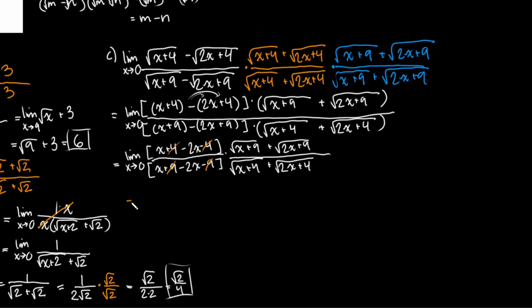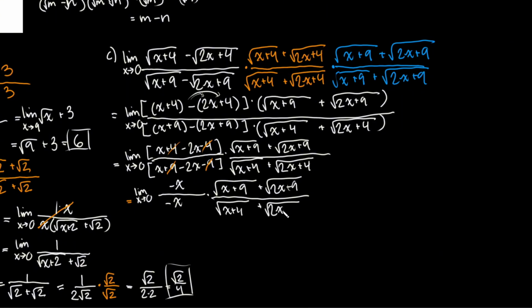So I'll rewrite it here, which is equal to the limit as x goes to 0 of negative x over negative x, times all this leftover stuff. And so maybe you've noticed this actually just simplifies to 1. And so I'm going to cross it out, but it just implies that that just becomes 1.